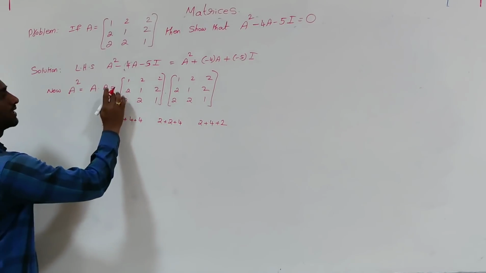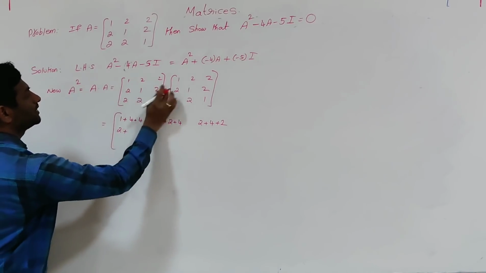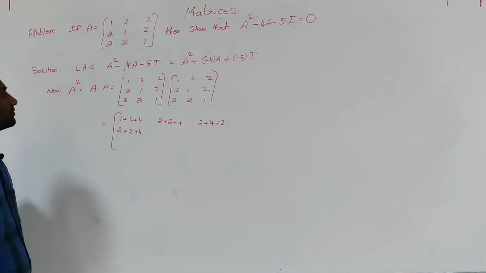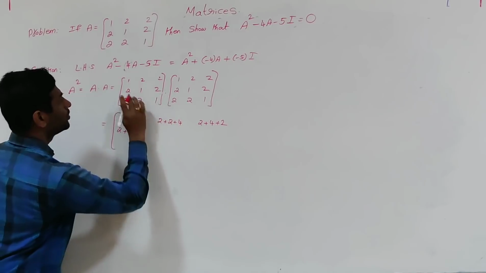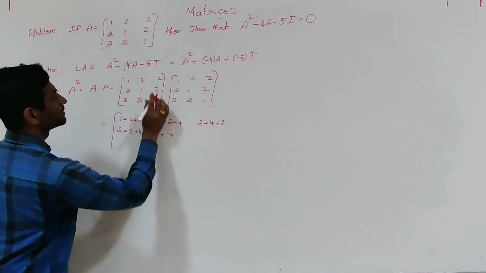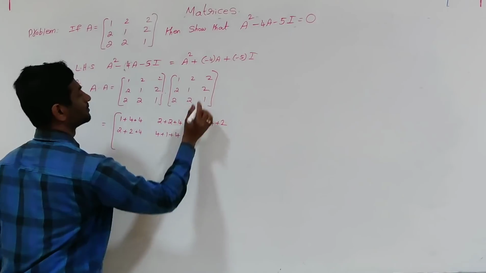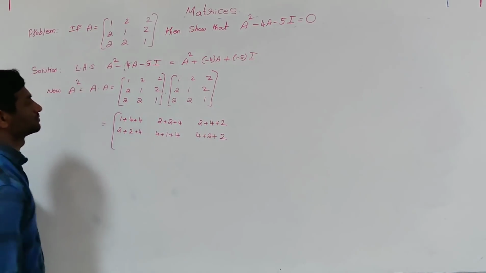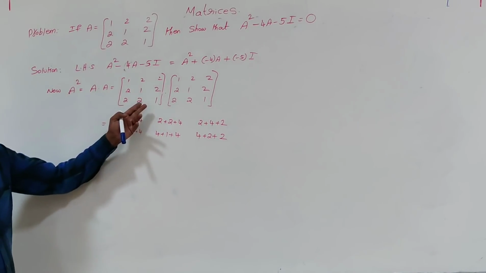Similarly, second row with first column elements: 2 into 1, 2, plus 1 into 2, 2, plus 2 into 2, 4. Second row with second column elements: 2 into 2, 4, plus 1 into 1, 1, plus 2 into 2, 4. Similarly, 4 plus 2 plus 2. You can try for the next row.